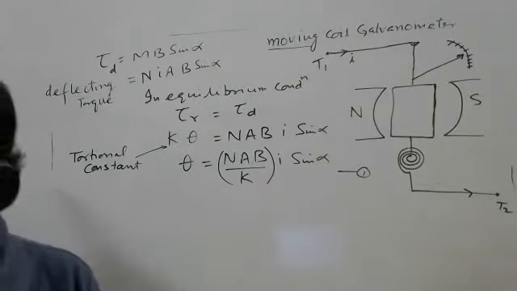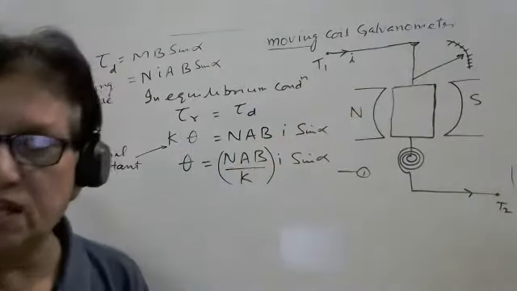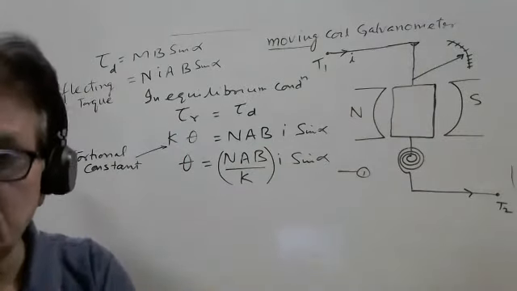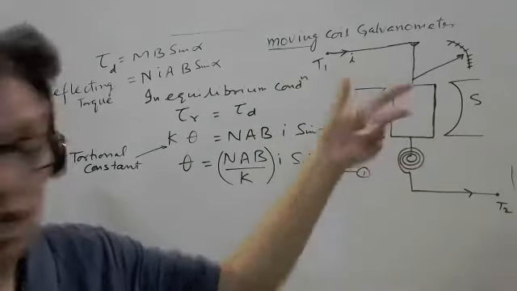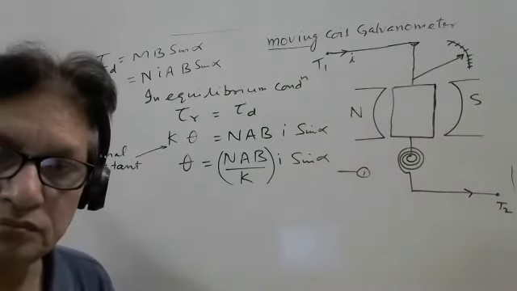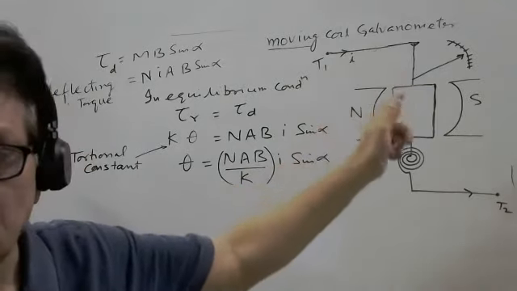But the question arises: if the deflection depends on more than one quantity, this scale cannot be a uniform scale. This scale is non-uniform.